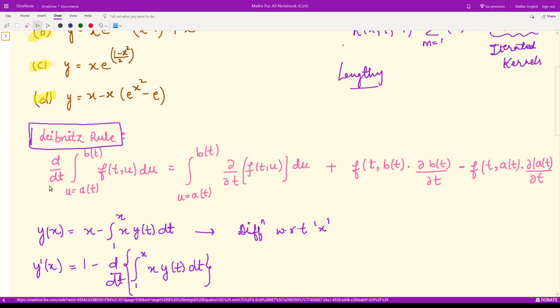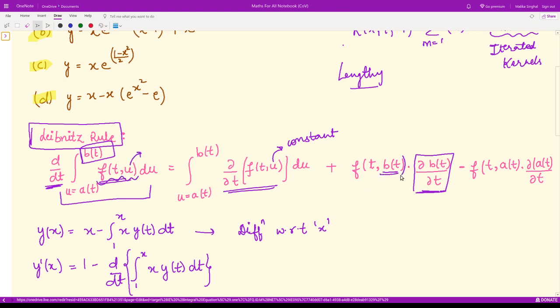If you want to calculate the derivative of some integral function, you just have to take the partial derivative of this function f with respect to t, keeping u constant.